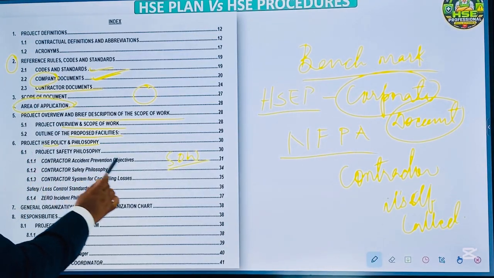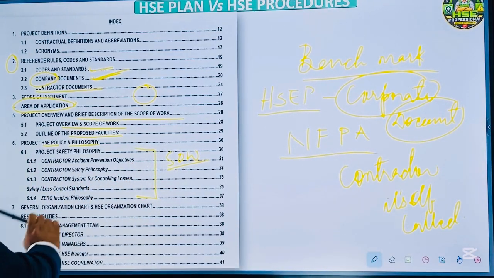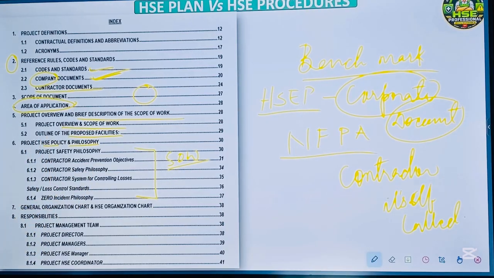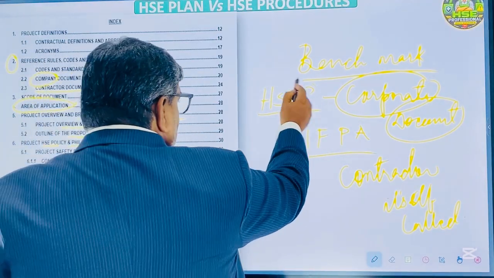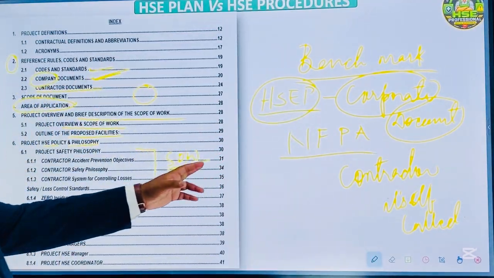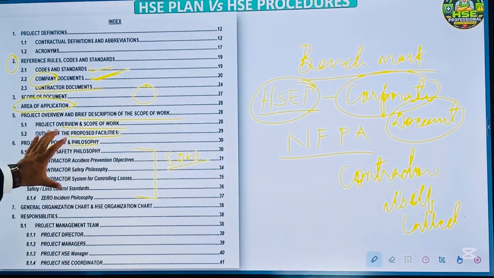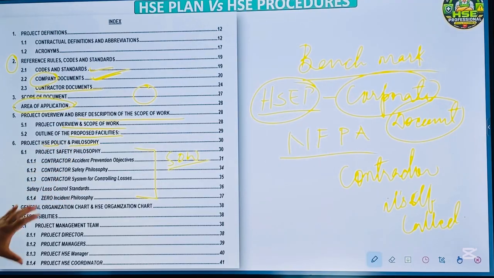You can see here, this area is for the contractor document. Okay, it's the contractor document, not the client document, because the contractor has its own policy, a standard document like the health, safety, environment plan. That plan he has described here, how to use this one. Okay, then we can go to the zero incident philosophy.